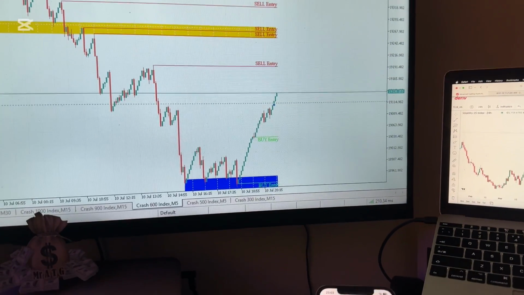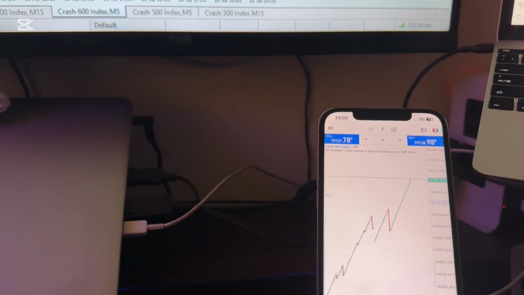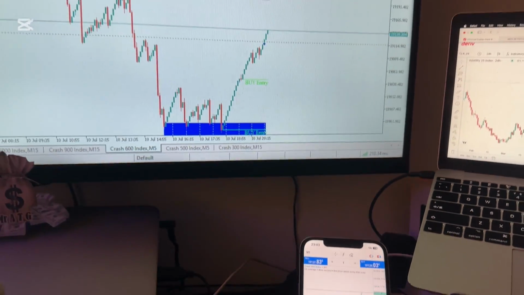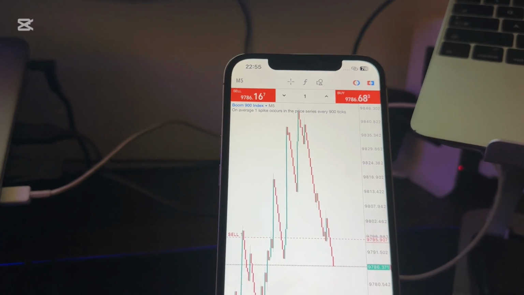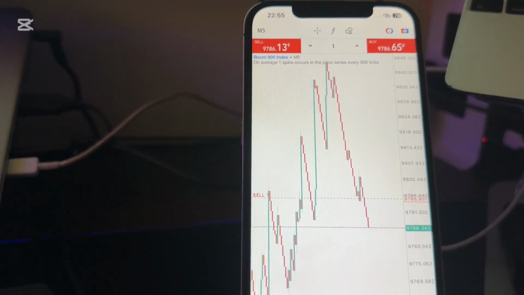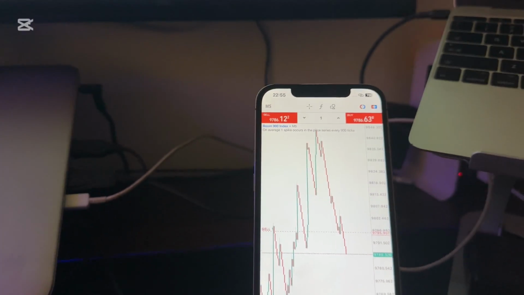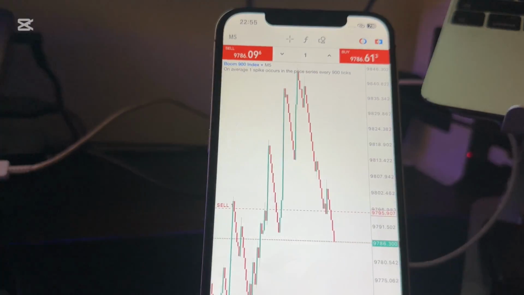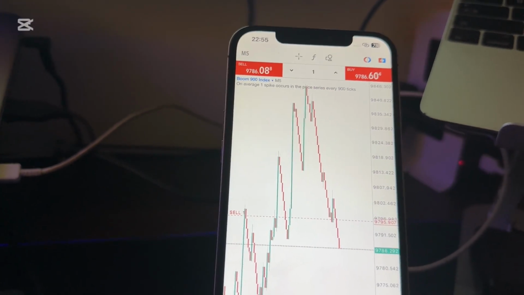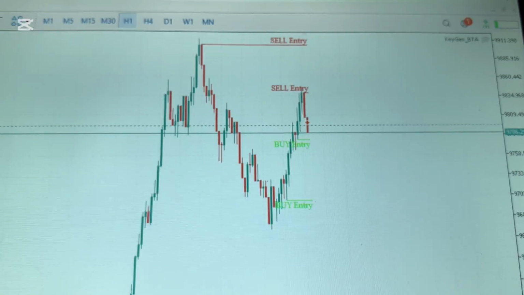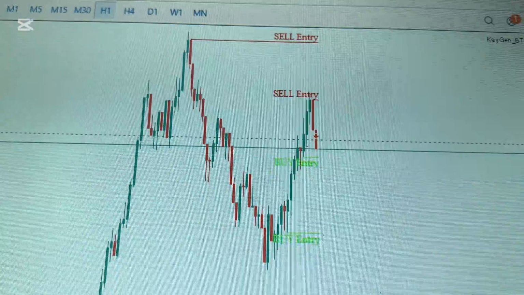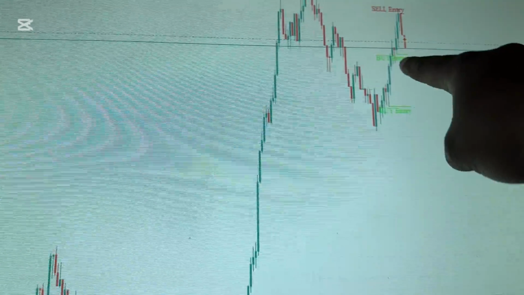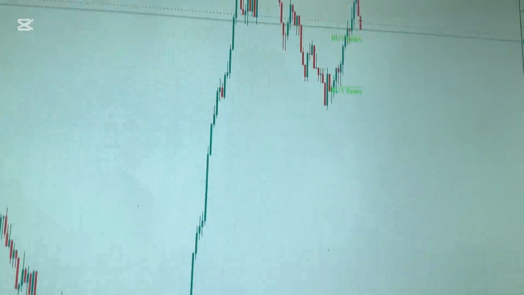I'm going to update you guys on more of these trades. So this is Boom 900. This is the update. We are deep in profit. This trade, we got it from our indicator, remember, and we got those sell entries right there. And I told you price is going to react probably around this buy entry.